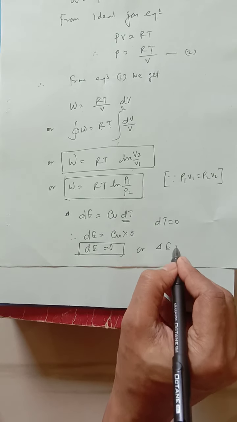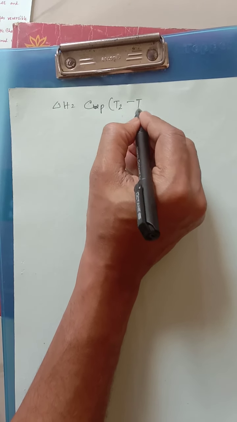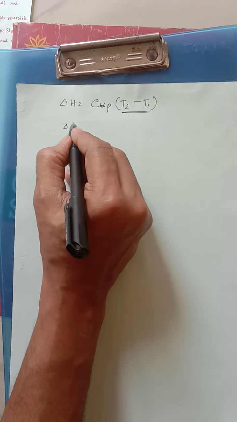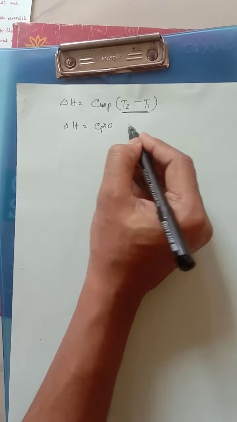That means no change of internal energy. Now delta H, same thing, Cp (T2 minus T1), again same thing, no change of temperature. So delta H equal to Cp into 0. So delta H will again be 0 over here.